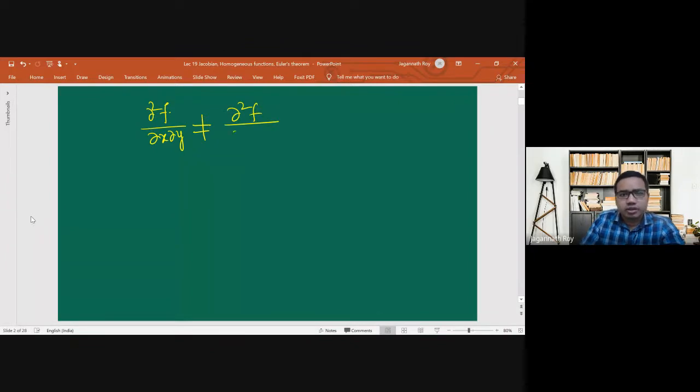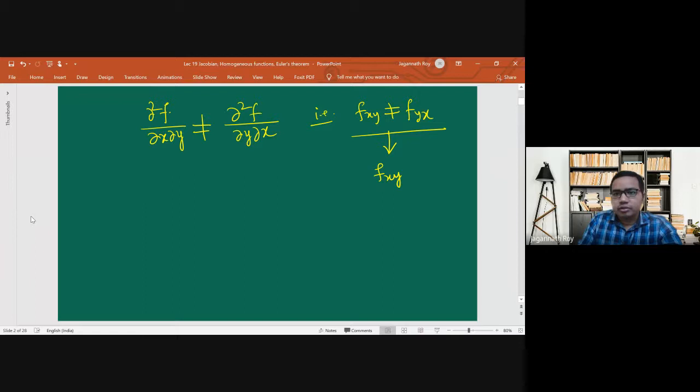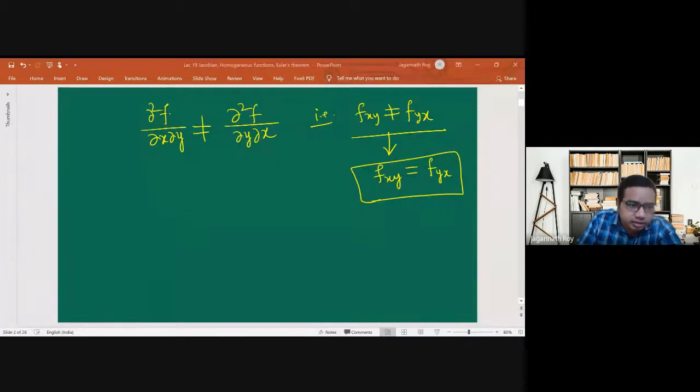They are not always equal, that is, f_xy not equal to f_yx. Under which conditions they will be equal, that we will see using one theorem. But in general, they are not equal. In some particular examples, they are equal. So I will show you one example where these two mixed partial derivatives are not equal.